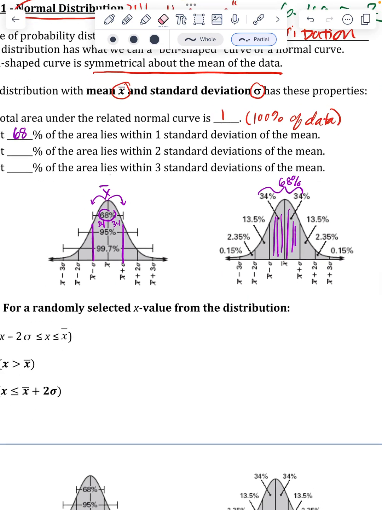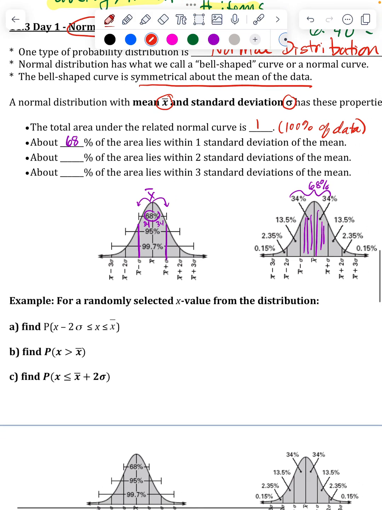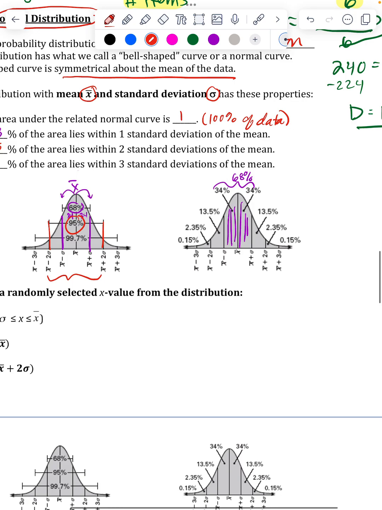Okay, then it says about blank percent is within 2 standard deviations. So now you're looking from 2 below to 2 above, and you can see in the picture here that that's showing 95%. From 2 below to 2 above is 95%, but 68 of it was in here.